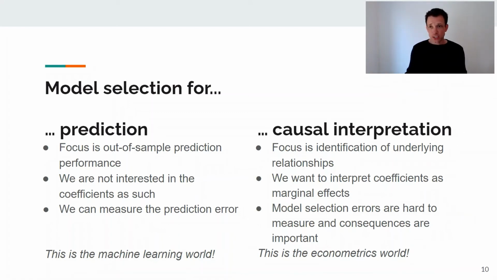This distinction is important, and it's also important to recognize that problems are not always as easy to distinguish as to whether they are really a prediction or a causal interpretation task. You really need to be aware of the differences and make sure that you understand what you're dealing with.